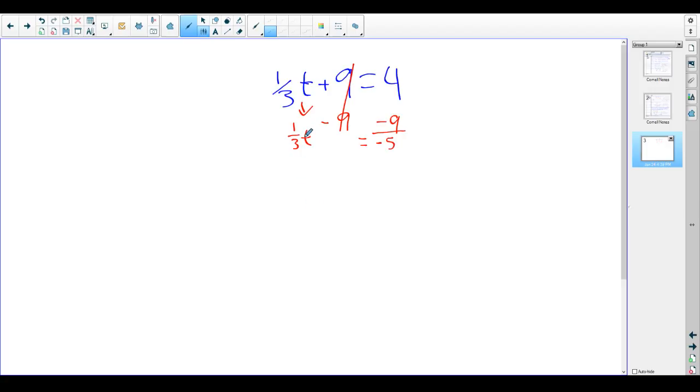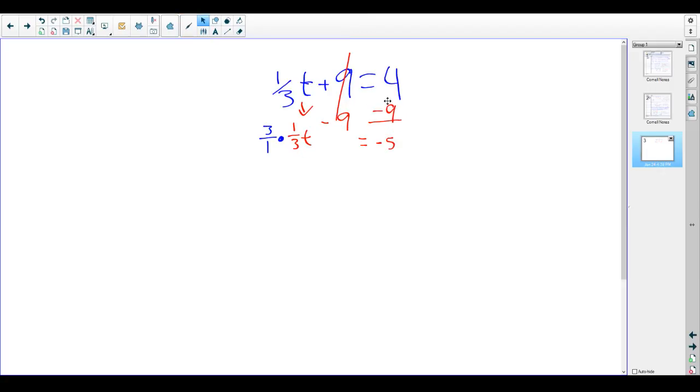Alright, so we talked about we need to get rid of times 1/3, and that involves dividing by 1/3, and then you have to flip the fraction, and it's a lot of work. So the shortcut here, because it's always the same process, is instead of dividing by 1/3, we just multiply by the reciprocal to 1/3. We just flip that fraction over, which was the end result of what we did after all of our steps last time.